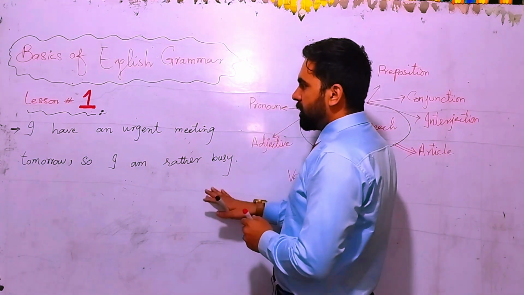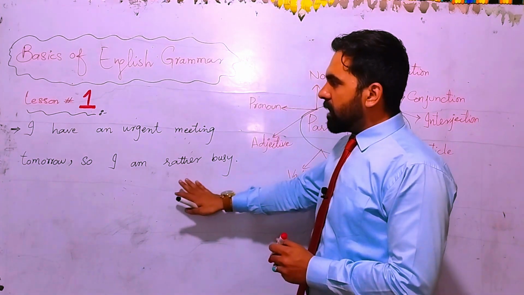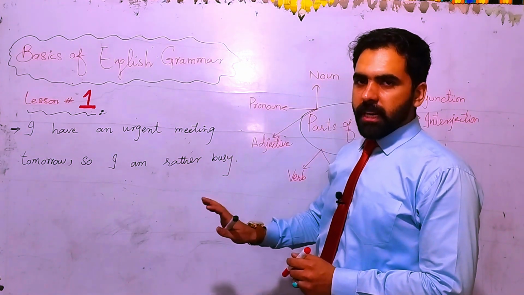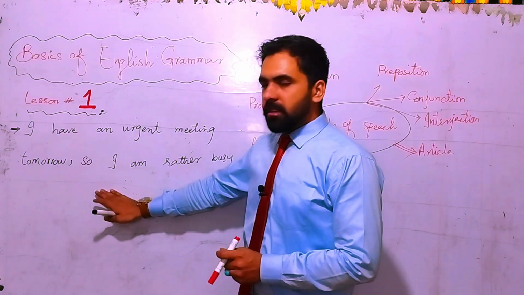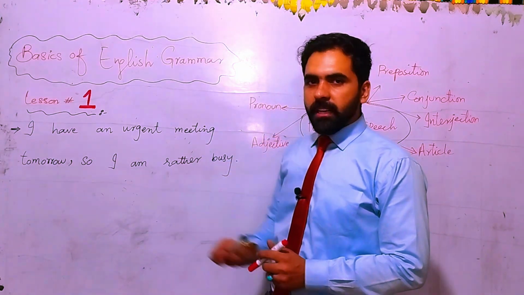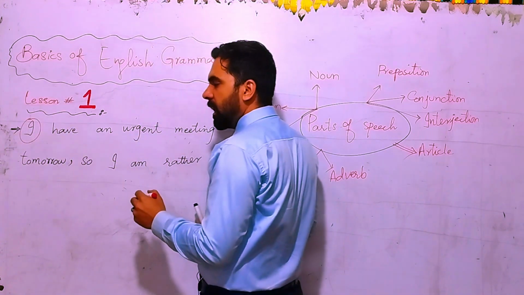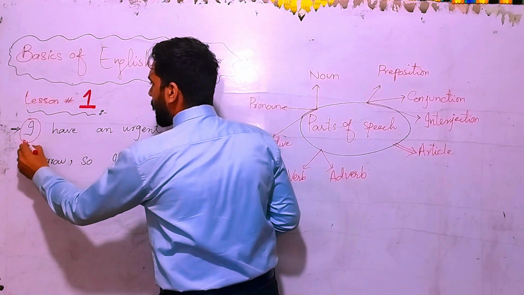I have written a sentence, and this sentence comprises certain words. Now, the idea of part of speech is that each word has a certain function in this sentence. For example, the first word, I, is a pronoun in grammar.